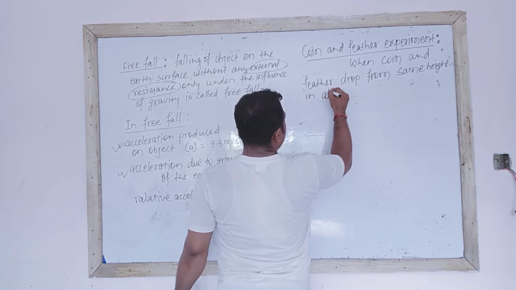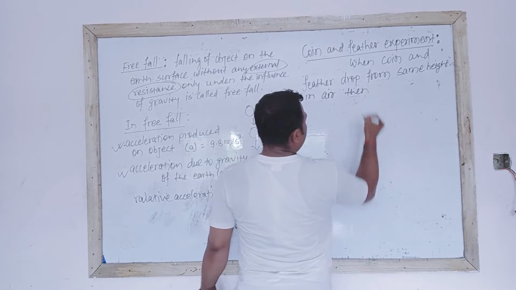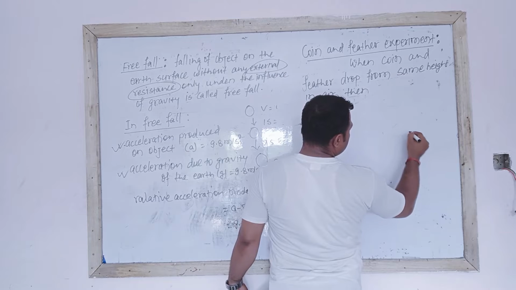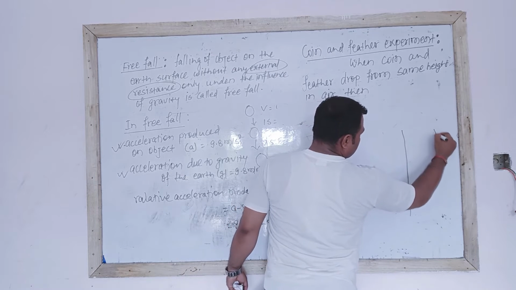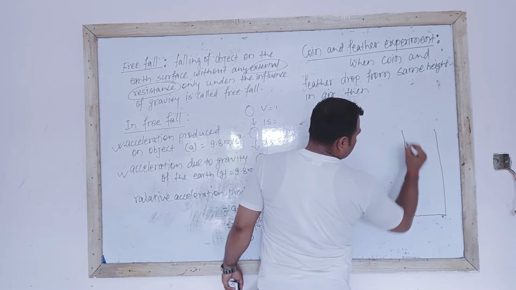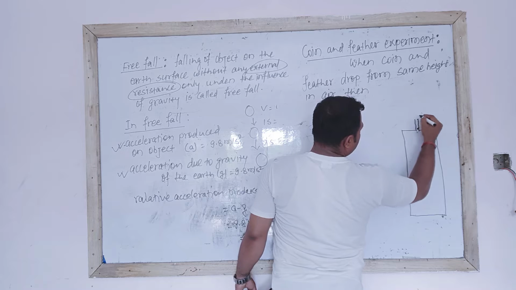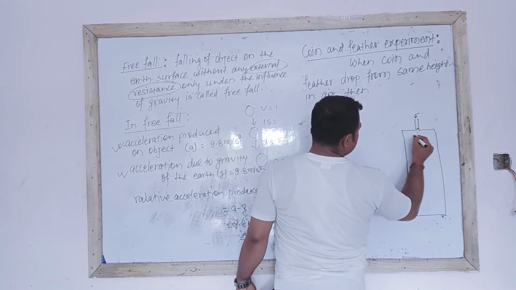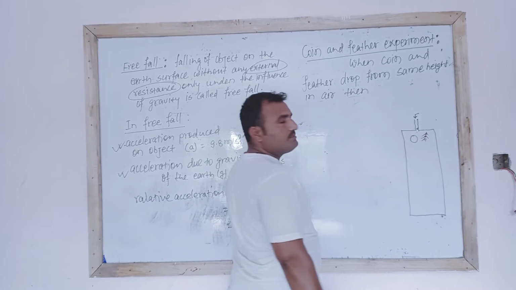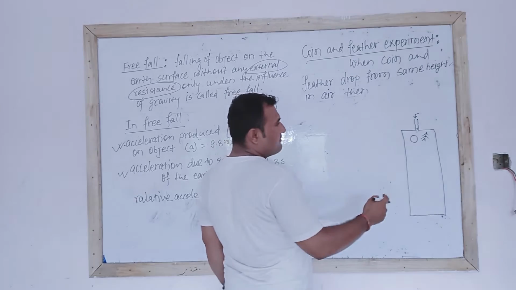Suppose we consider a glass cylinder containing air, and the coin and feather are dropped from the same height at the same time.